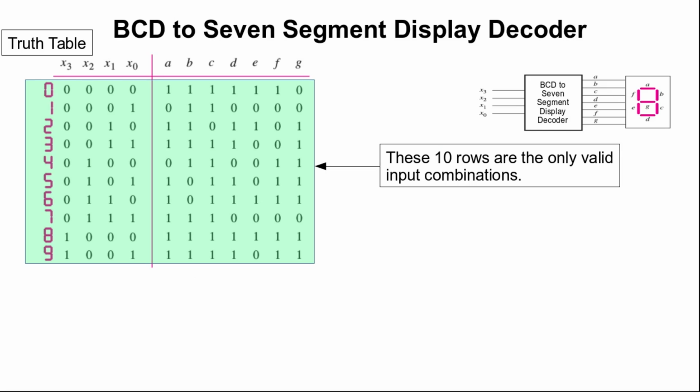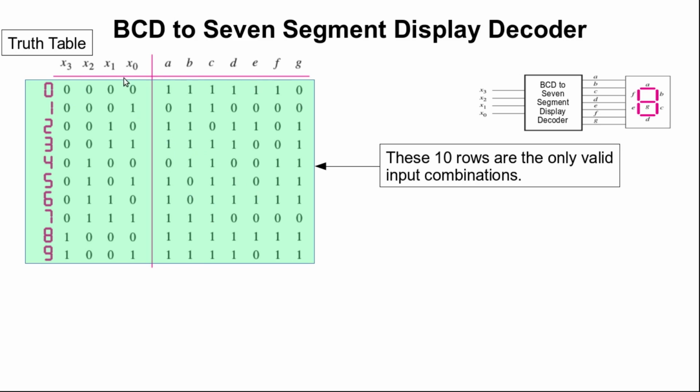And now, since we have 7 outputs, in the output section of the truth table we have 7 columns, 1 column for each output. So output A has 1 column, output B has its own column, and so on. So each of the outputs has its own column in the output section of the truth table.